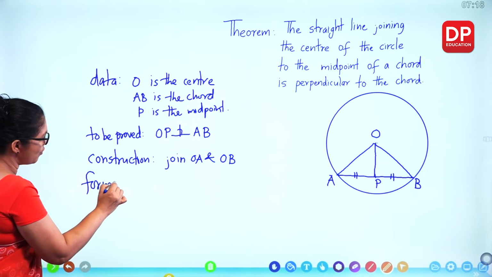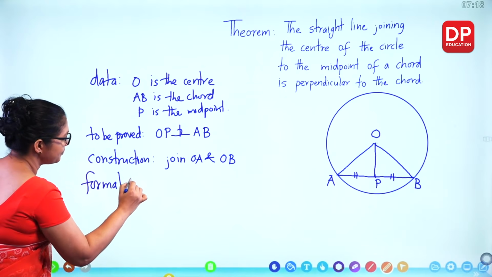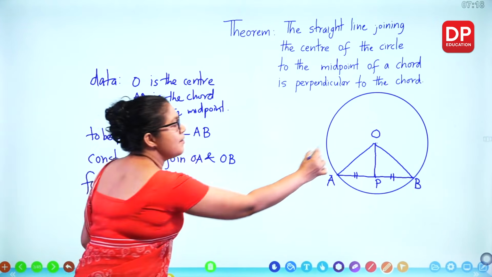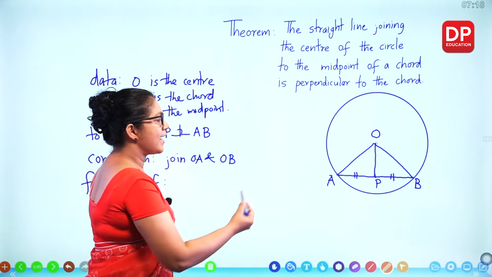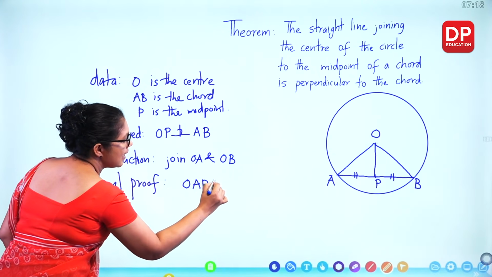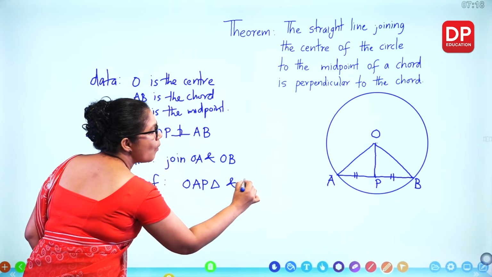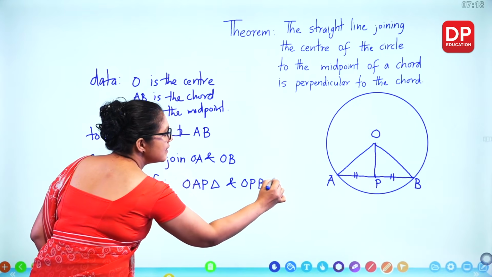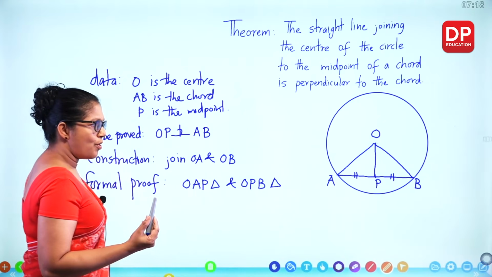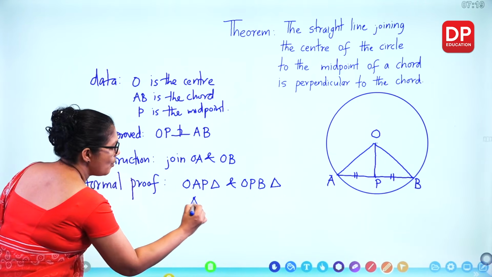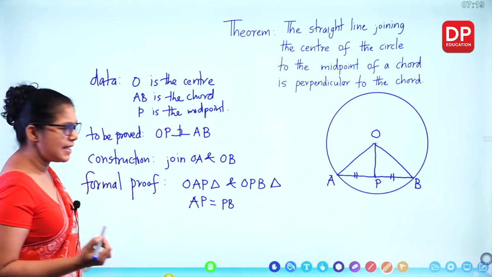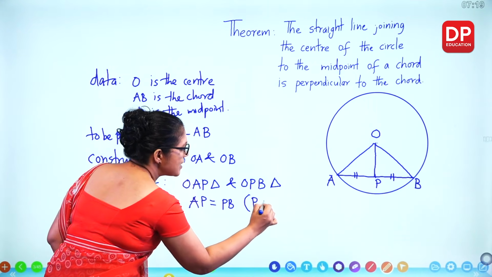So the formal proof of this theorem: here we have to take these two triangles, triangle OAP and triangle OPB. What do you know about those two? We know AP is equal to PB. Why? What's the reason? P is the midpoint.